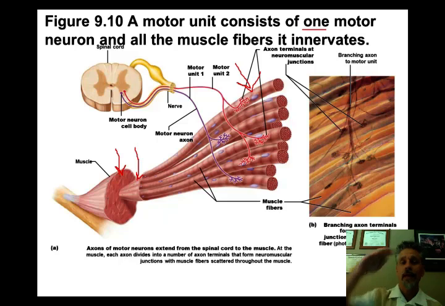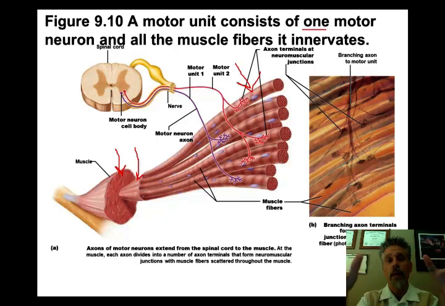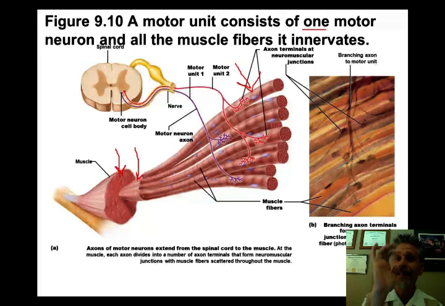It's going to have an axon going down, and the axon is going to branch, and branch again, and make connections with multiple fibers. It depends on the type of muscle it is and how much fine motor control we need, like in the hands and the fingers. For muscles of the torso or the thigh, we don't need fine motor control.